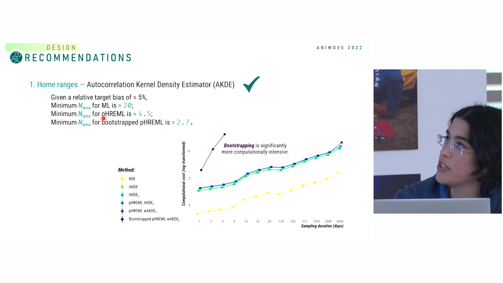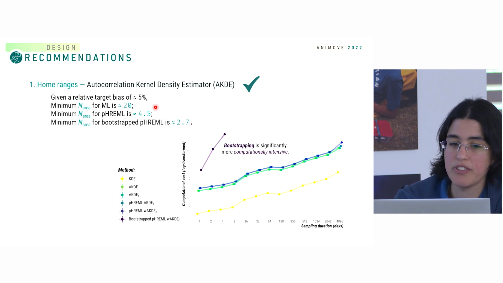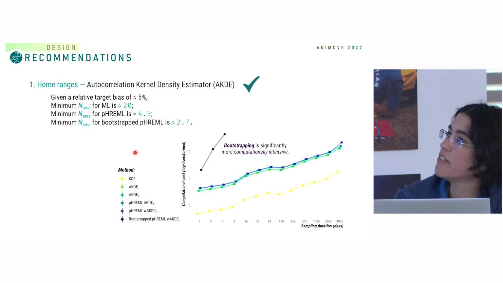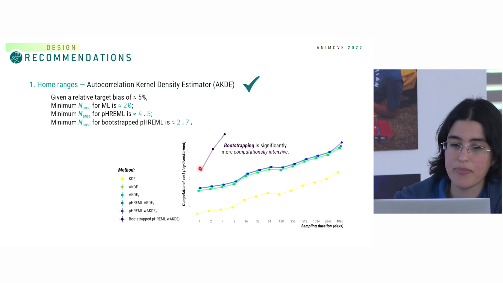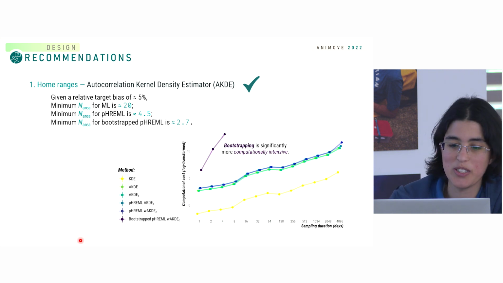If we were using the PH-REML, we are looking at more or less a 4.5 minimum effective sample size. And for bootstrapping, we're looking at 2.7. So anything below this is not going to be useful for any method that we can apply. But again, remember this important fact, that you don't want to end up in this position.